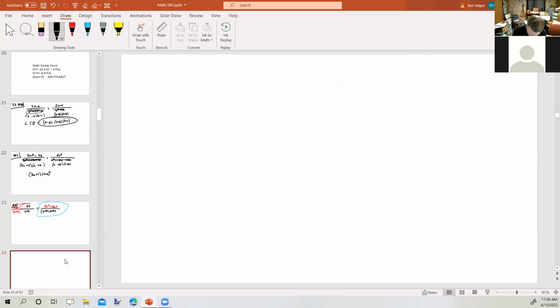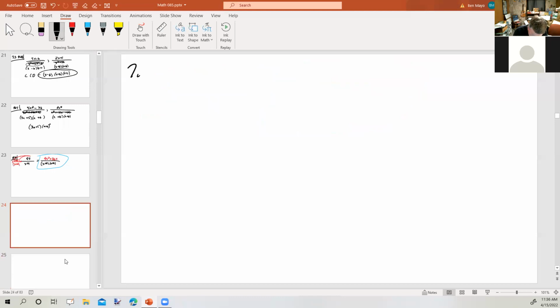So we're going to take a look at 7.5, simplifying complex fractions. So first of all, let's look at the difference between a simple fraction and a complex fraction.